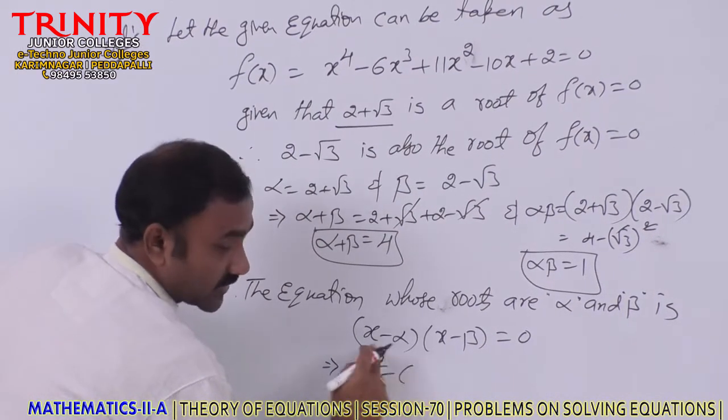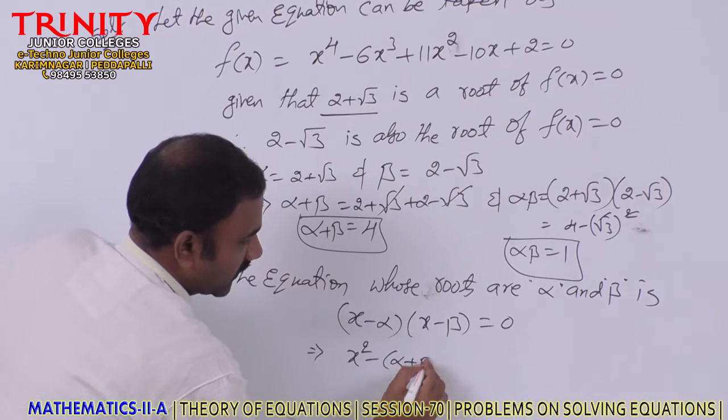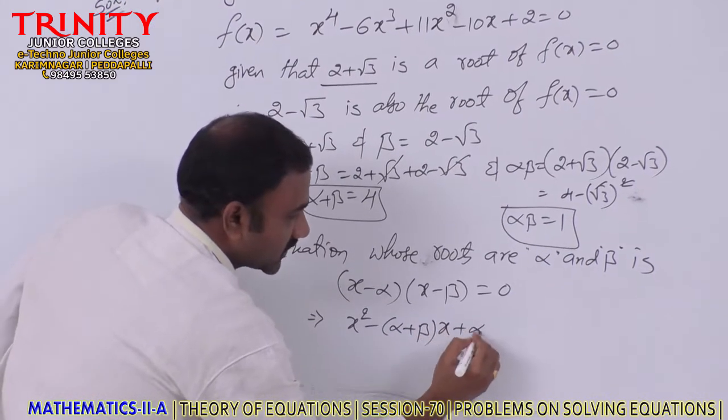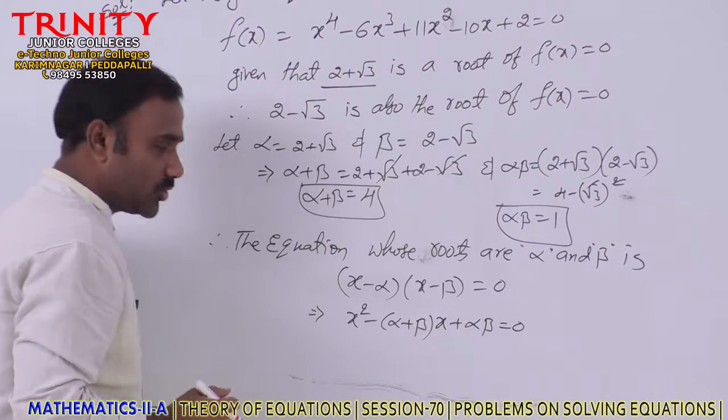If we multiply this, we will get x square minus alpha plus beta into x plus alpha beta is equal to 0.